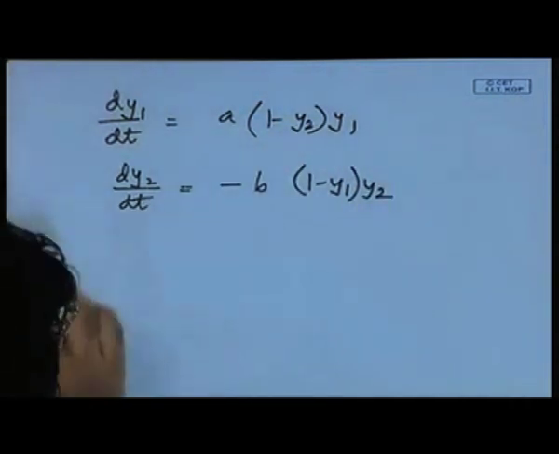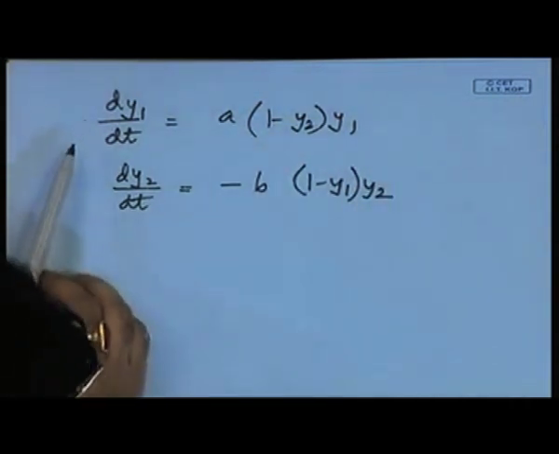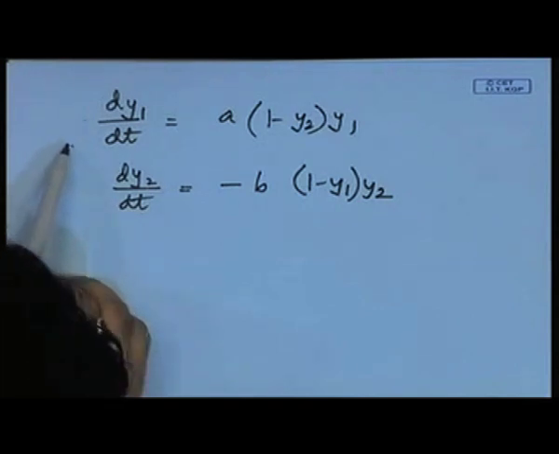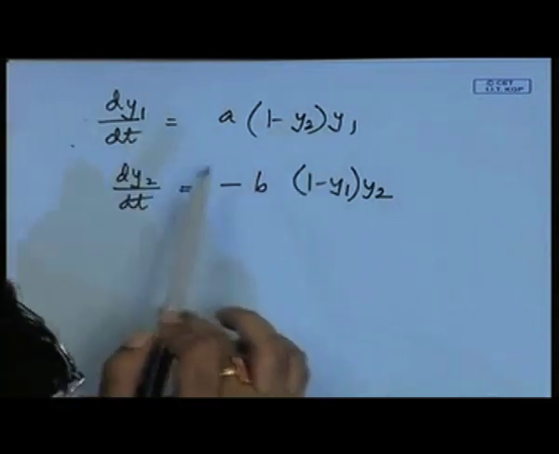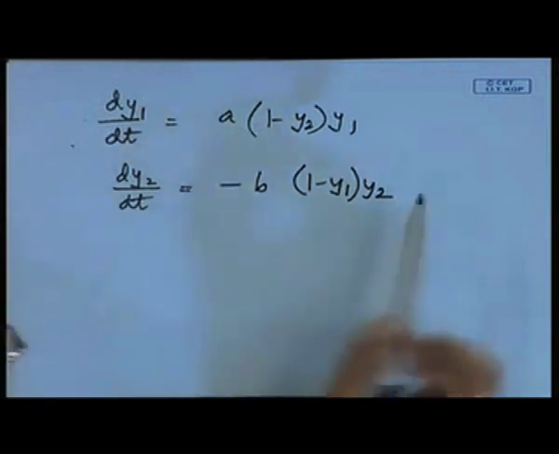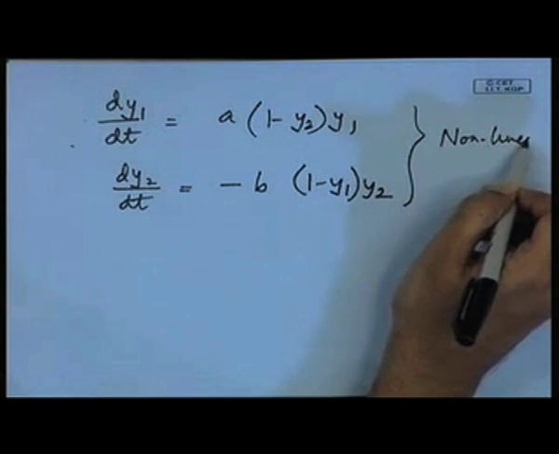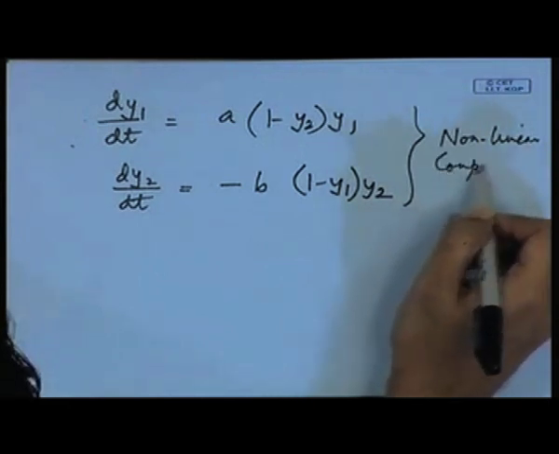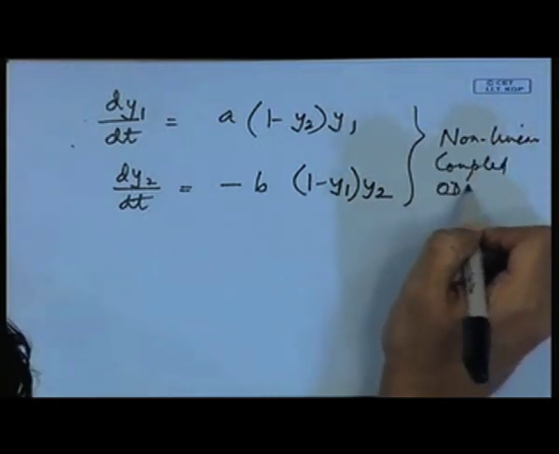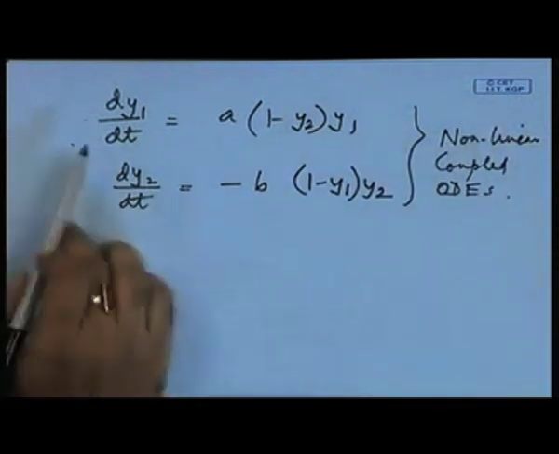So, how do I solve these equations? If you look at these two equations, both are functions of time, and each of them involves a coupling. So, each of them are nonlinear, coupled ODEs. Can I solve them as it is?